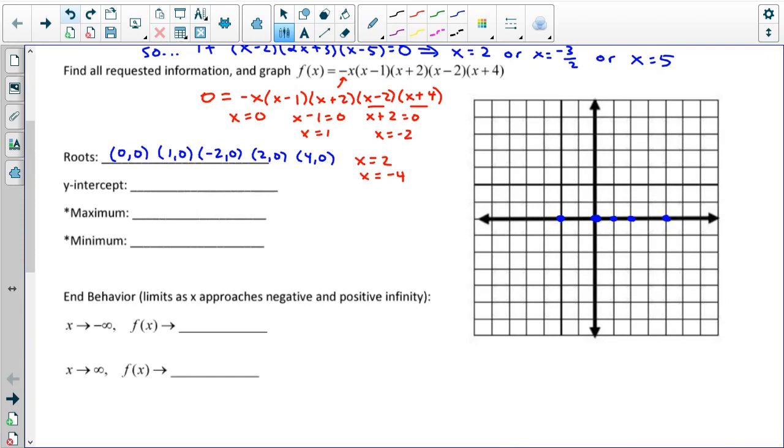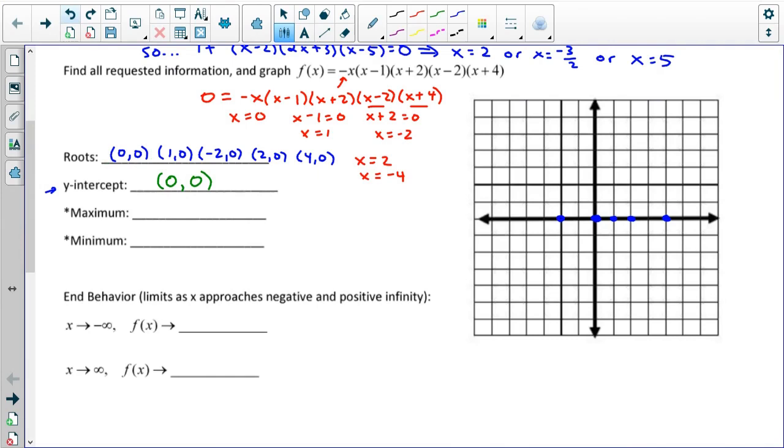I can also figure out my y-intercept pretty quickly because I can find where x equals 0. If I substitute 0 into my function, I will end up getting 0. In this case, that's pretty simple because I already knew that that was a value on my function.